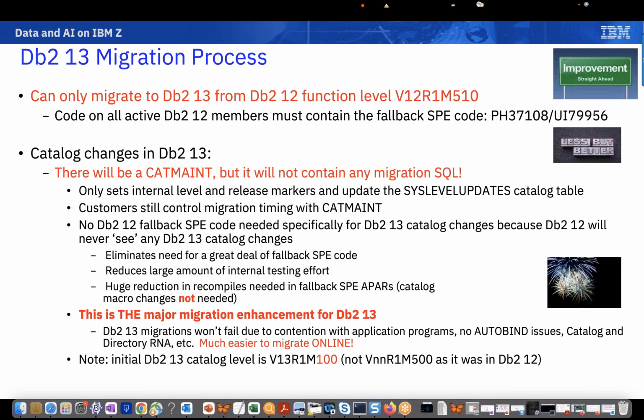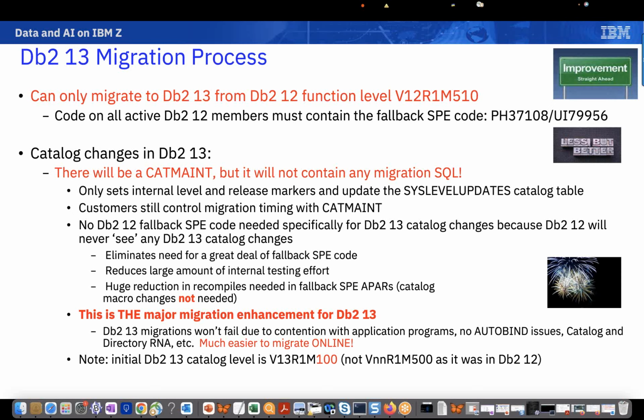There is a catmate, but that catmate is just there to give customers the ability to determine when the migration process completes. Maybe you have a checklist that says you do A, B, C, D, and E is making the version 13 system available. We give you the ability to push the button to determine exactly when that happens.